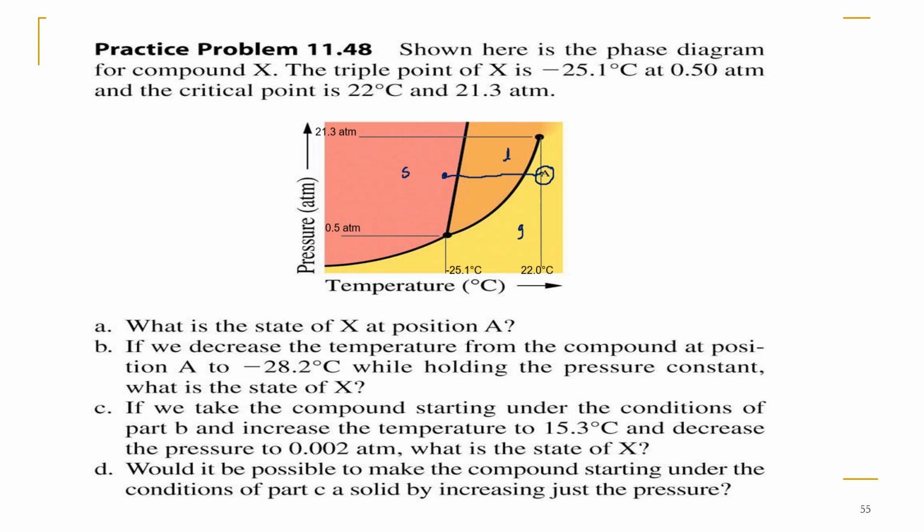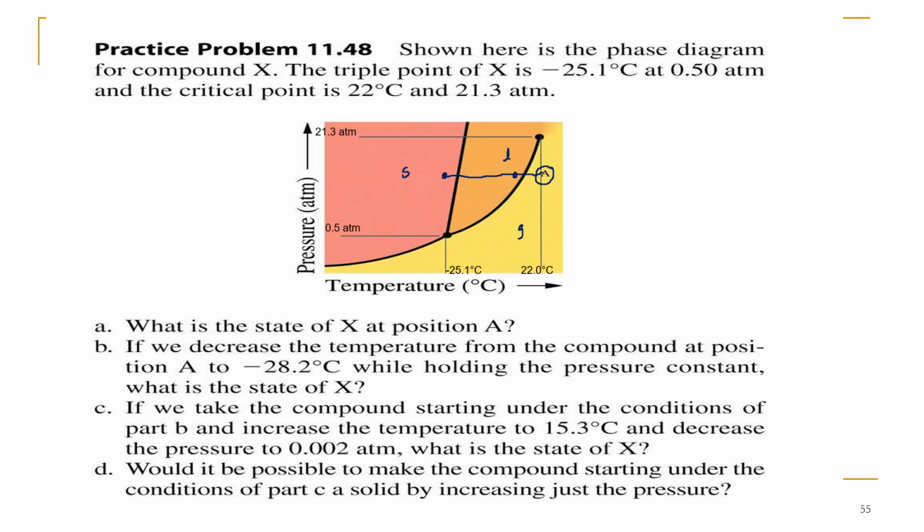If we take the compound starting under the conditions of part B, so if we're at this point here, and we increase the temperature back to 15.3 degrees, now we're obviously somewhere in here. I don't know exactly what the boiling point is, but you can sort of see that with 20, 22 and 25, we're somewhere around here, I think.